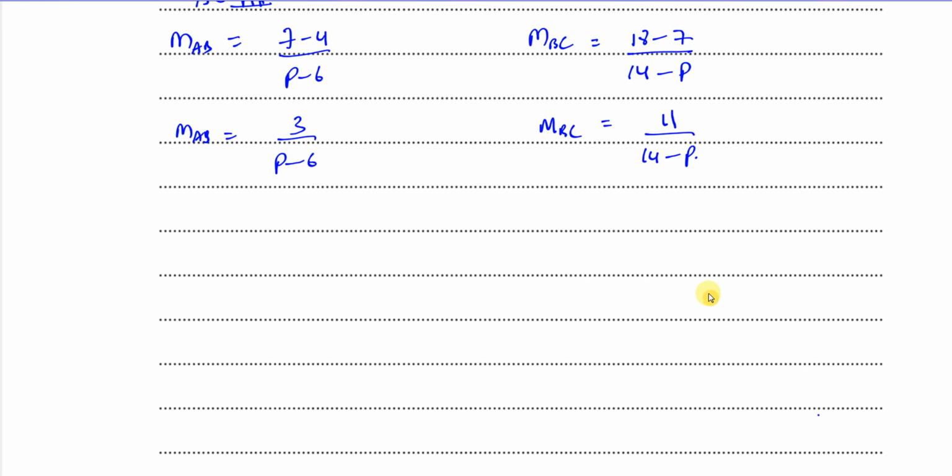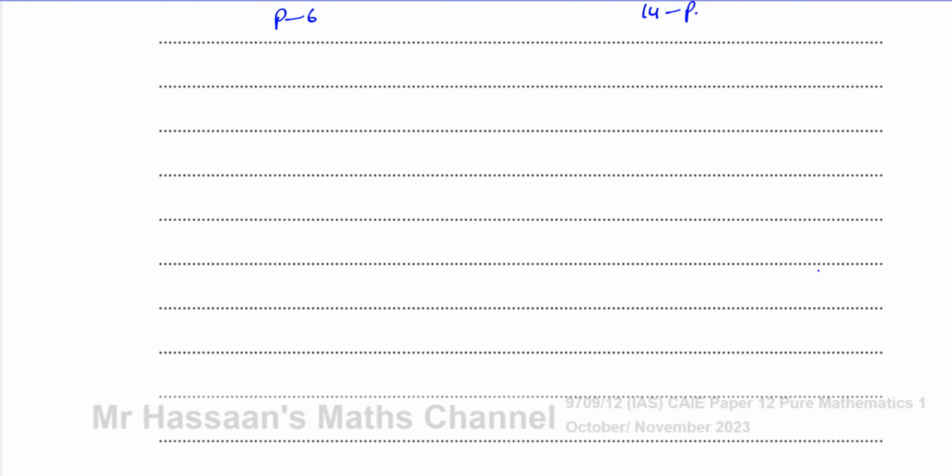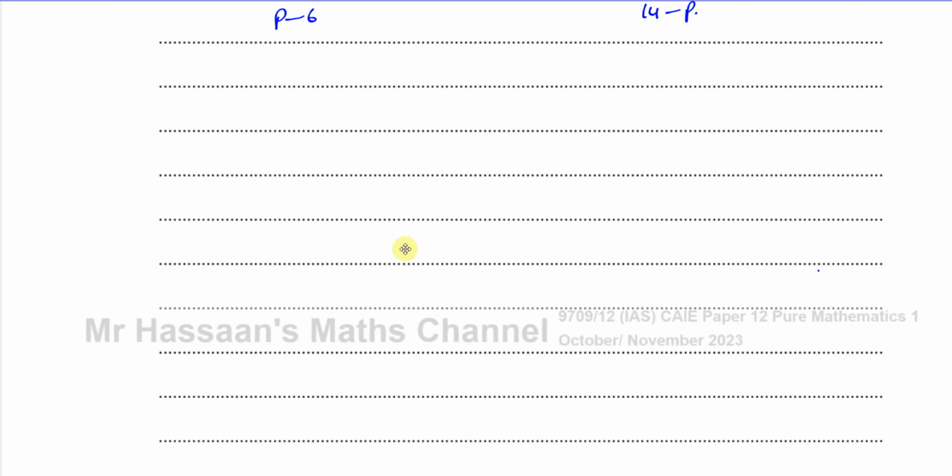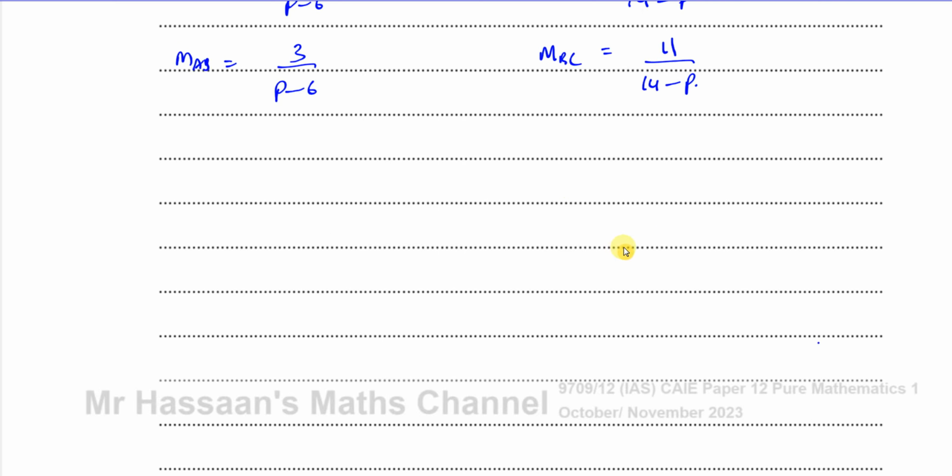Now, when two lines are perpendicular, you can think of their gradients as being negative reciprocals of each other. You can also think of the product of their gradients as being equal to -1. So as AB is perpendicular to BC, the gradient of AB times the gradient of BC is equal to -1.